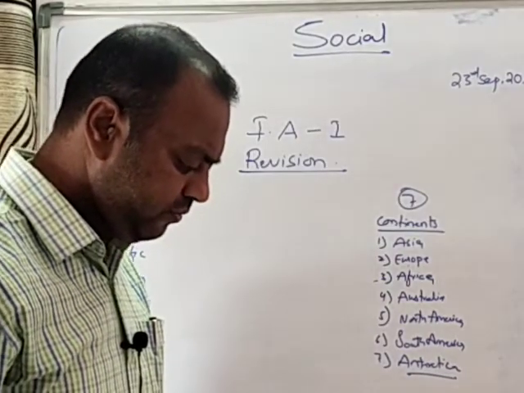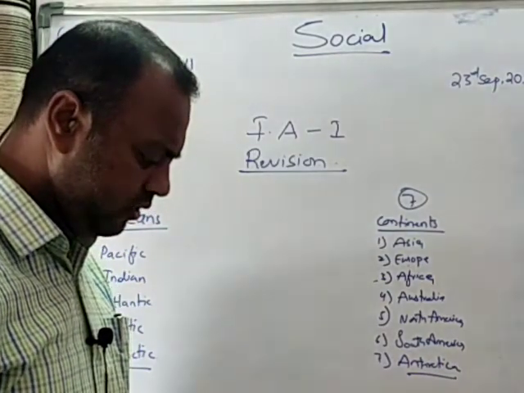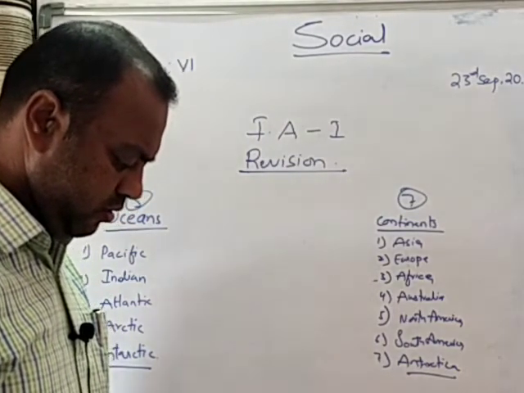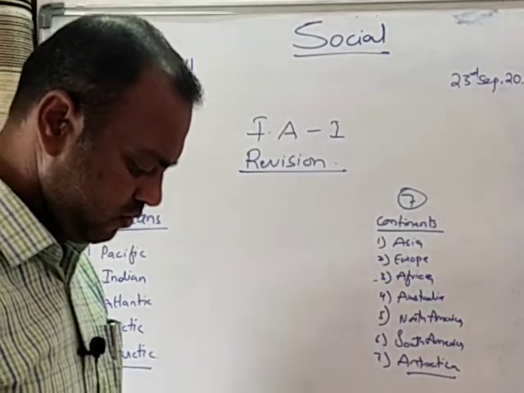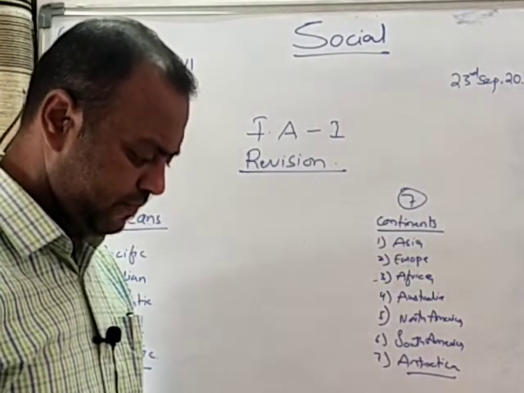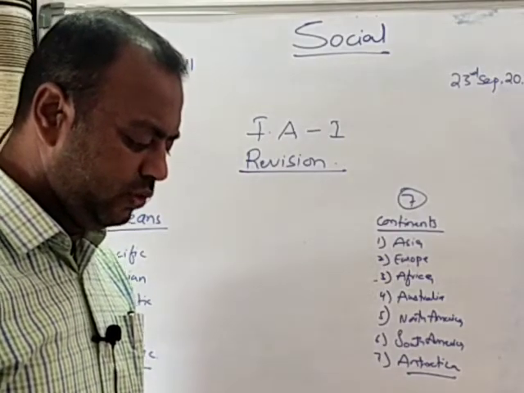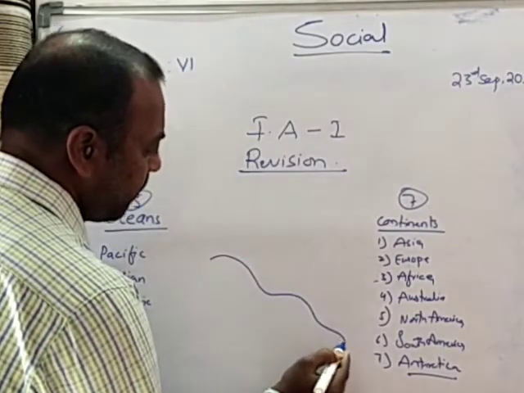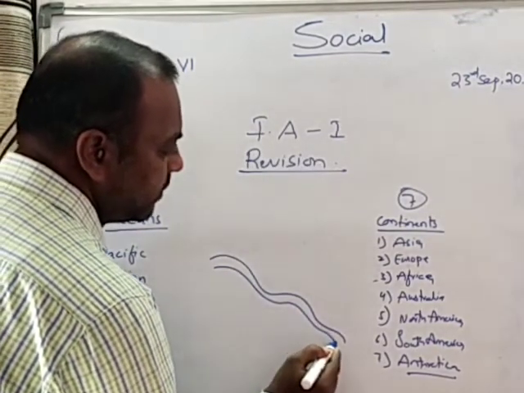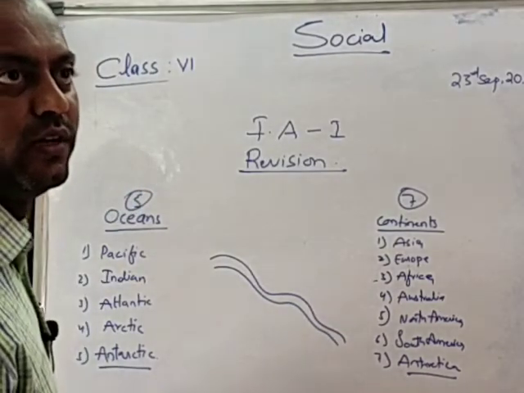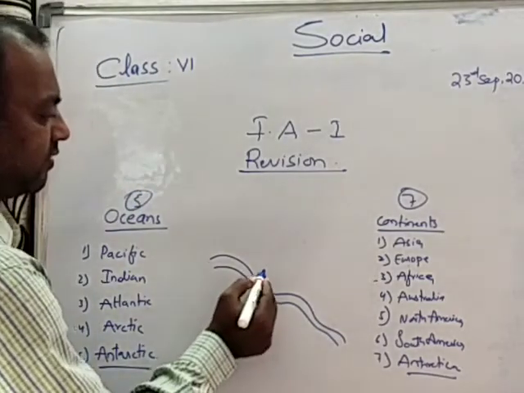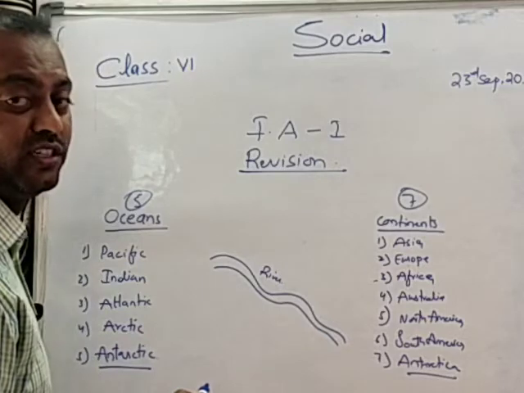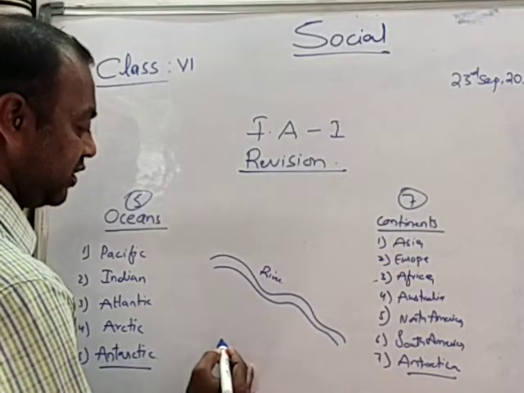And also we learned what sign is used to show a river, which may be asked. So this is a sign generally used for showing the river. This is a sign for river. And what is the symbol used to show a church?